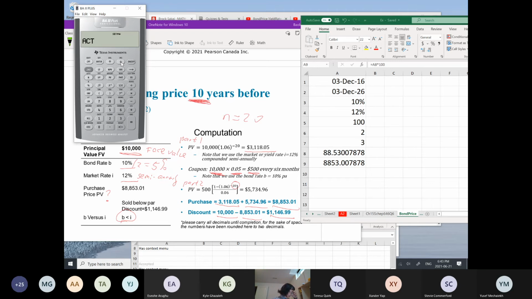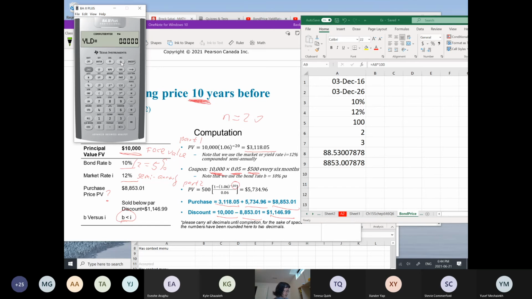ACT is the actual number of days being used. You just accept the default settings. When you have ACT, actual number of days, you do nothing. You just press the down arrow key. And then 2/Y means the number of coupon payments per year. Every year you receive 2 payments. That's correct, so you do nothing. Down arrow key.